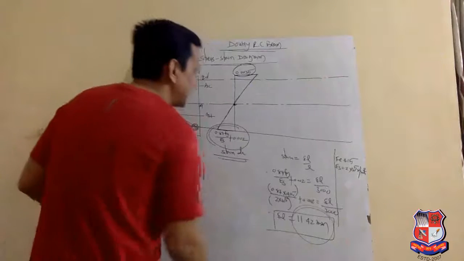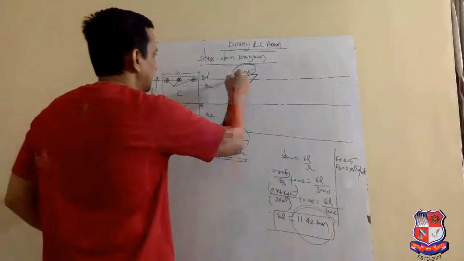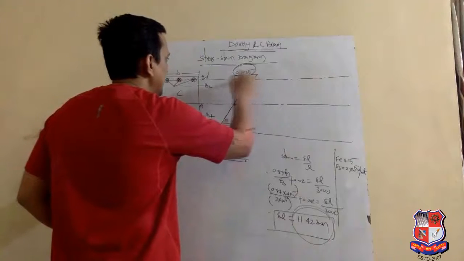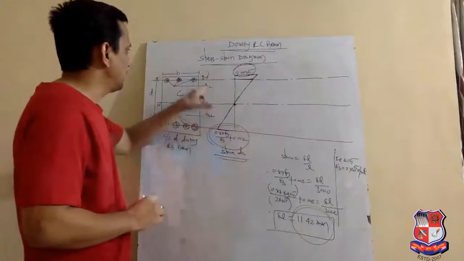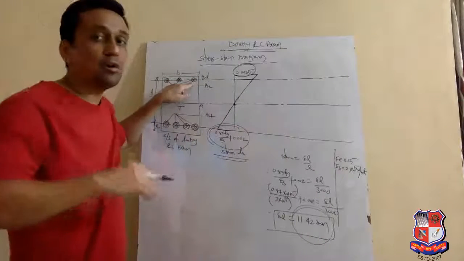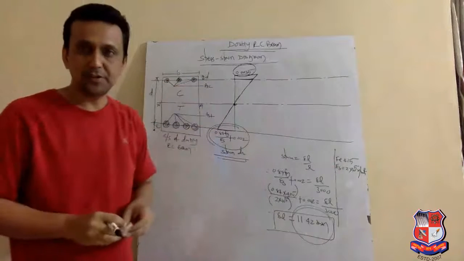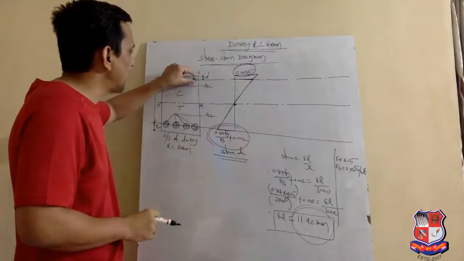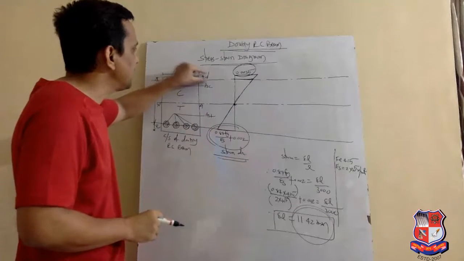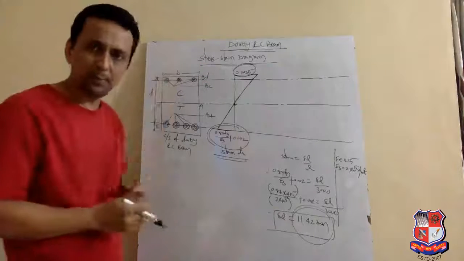Before the stress diagram, we know that in a doubly reinforced concrete beam, reinforcements are also provided in the compression zone, at d dash distance from the top of the beam.